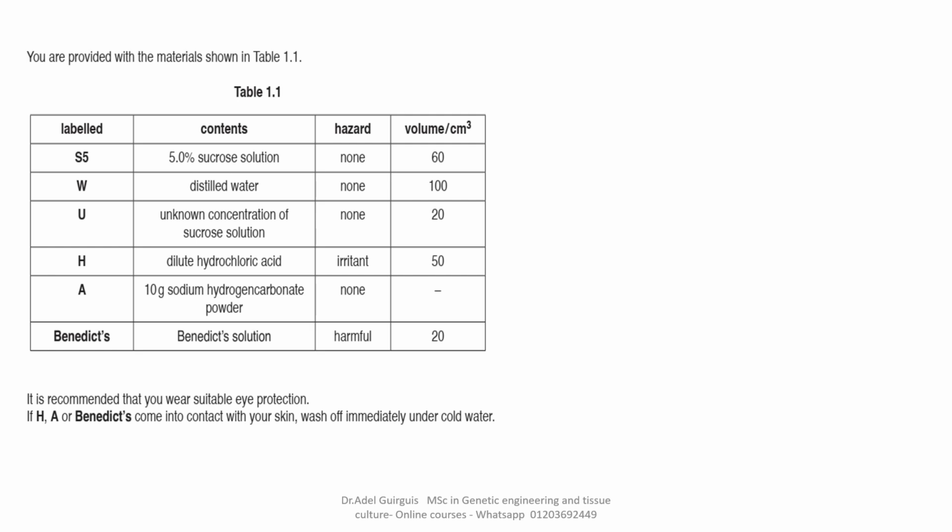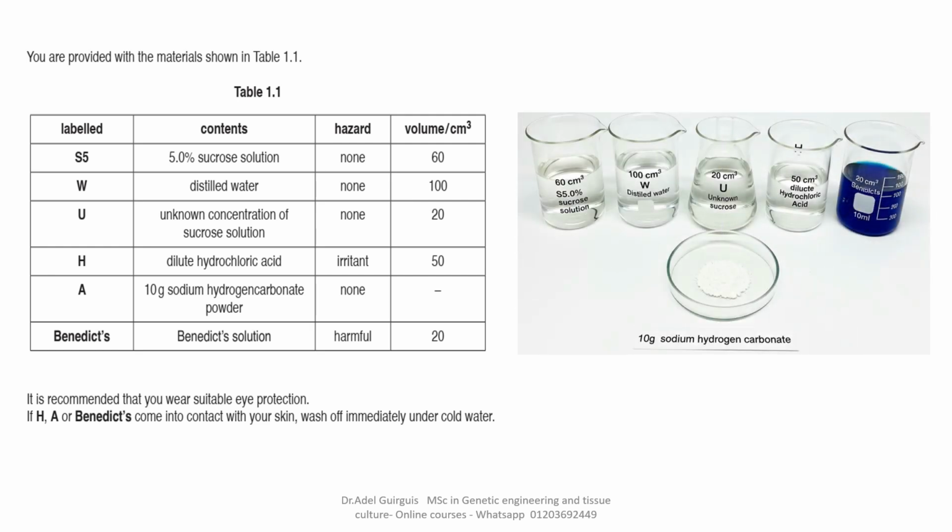Here, sucrose S5 is sucrose with concentration 5%, about 60 cubic centimeters in a small beaker, non-hazardous. W is distilled water, also non-hazardous, with volume 100 cubic centimeters. U is the unknown concentration of sucrose solution, about 20 cubic centimeters. H is dilute hydrochloric acid, an irritant because it is a strong acid, with volume about 50 cubic centimeters.